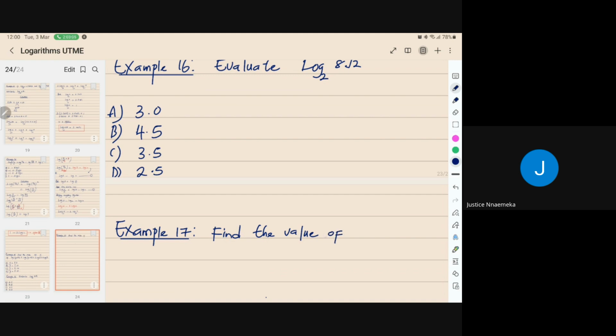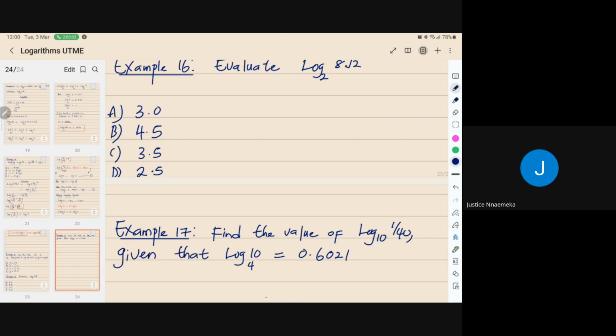Find the value of log base 10 of 1 over 40, given that log base 10 of 4 is equal to 0.6021.